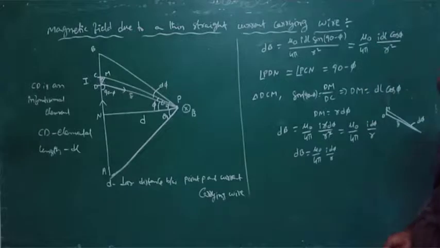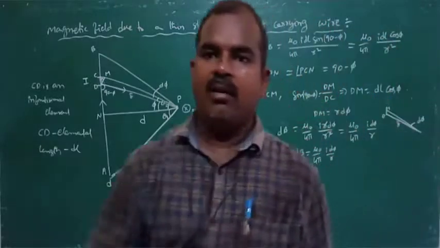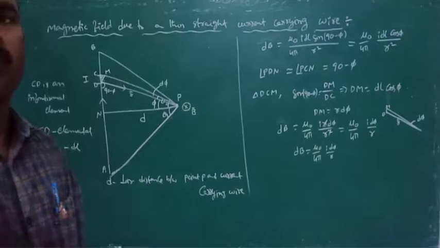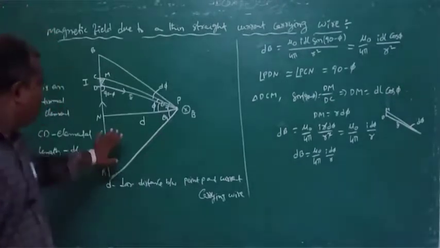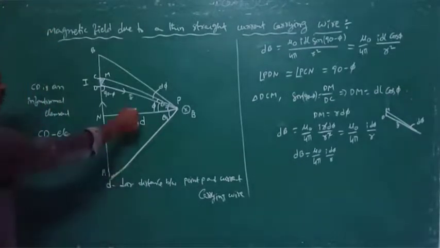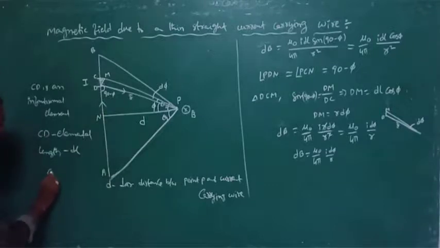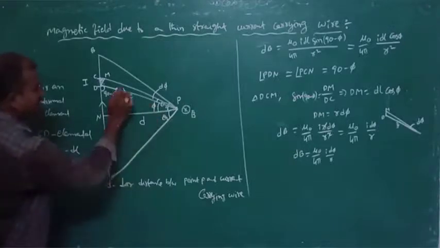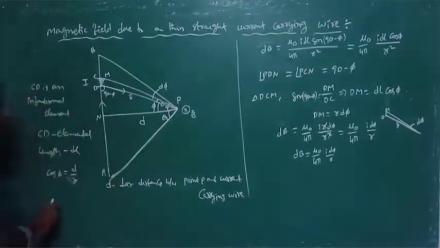Therefore dB equals μ0 by 4π into I dφ by r. From this triangle, cos φ equals d by r, adjacent side by hypotenuse.